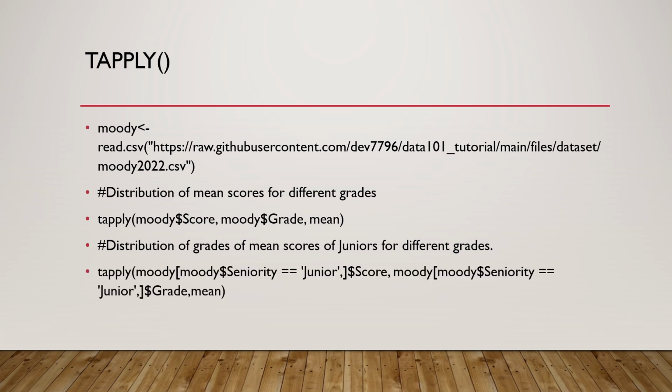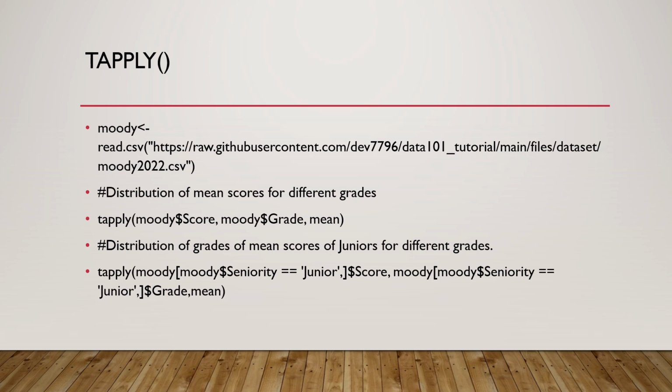We can also take subsets, right? And we can calculate distributions based on subset. For example, we may only look at students who are juniors. This is a subset using subframe notation, seniority equal to junior.